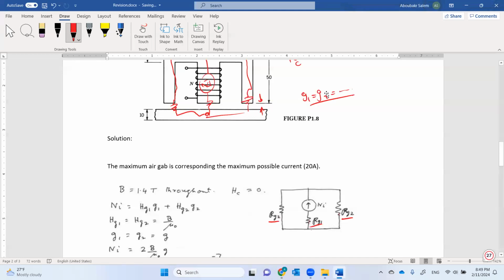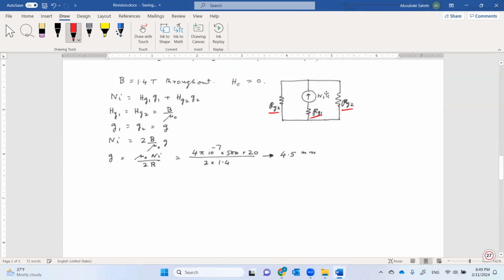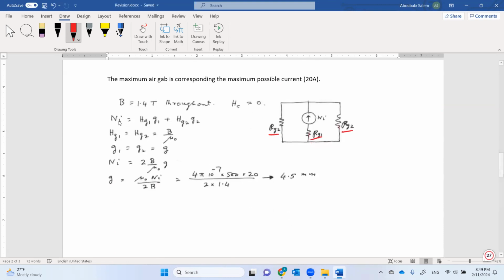So we can say now Ni equals Hg1 times air gap G1 plus Hg2 times G2. And we mentioned that G1 equals G2. Since the flux density is going to be the same, we can say Hg1 equals Hg2 equals B divided by mu naught.